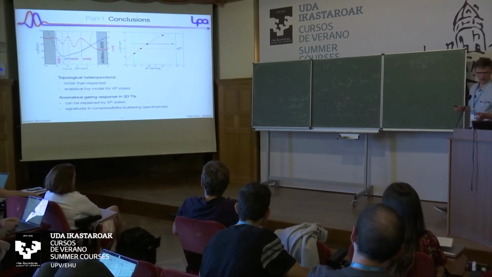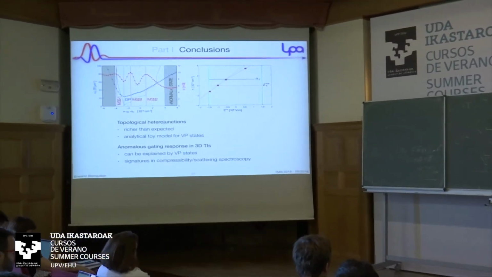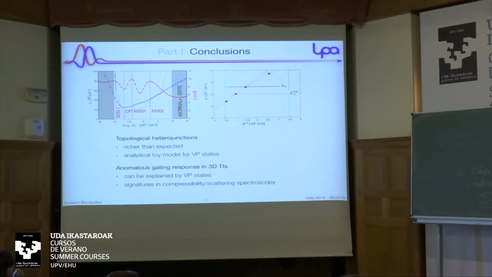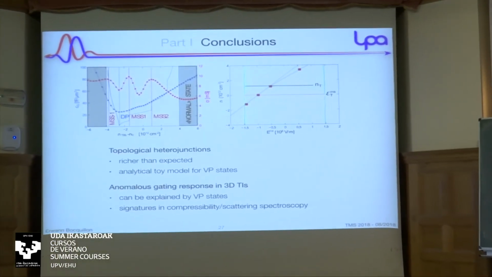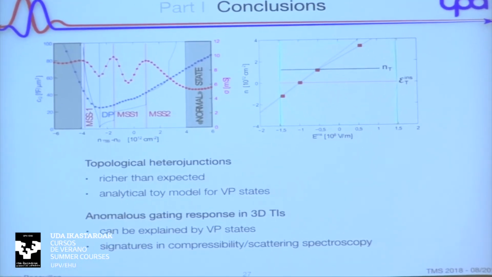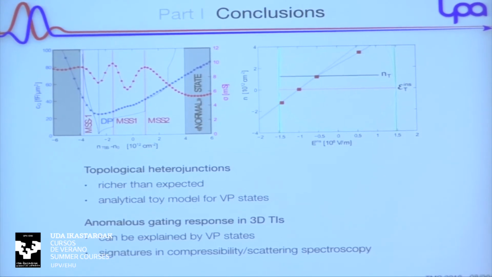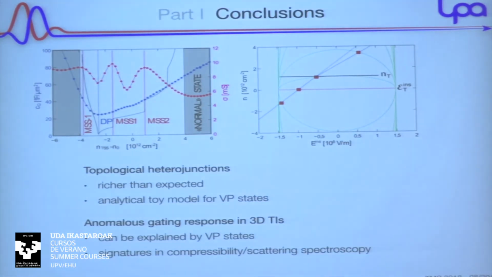To conclude, because I think I'm basically done now. What I wanted to point out in this first lecture is the fact that the screening in topological insulators can be quite rich, and a source of new screening properties that will enrich our understanding of topological insulators, and that this calls for more experiments and also more theory.